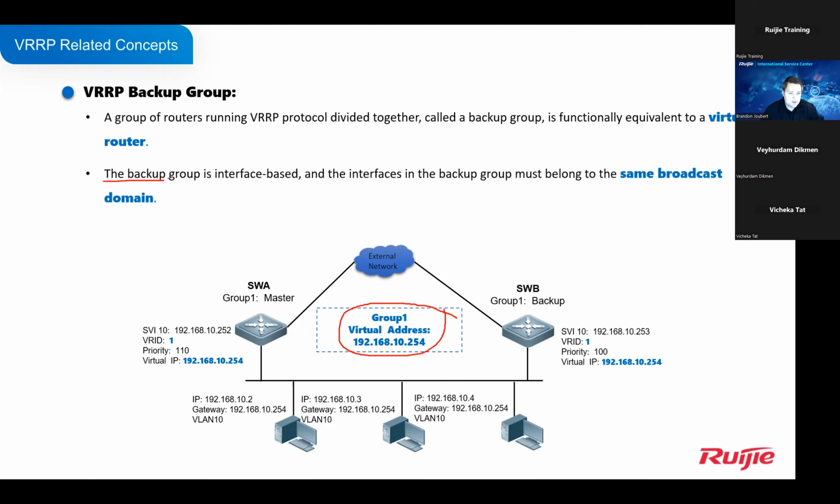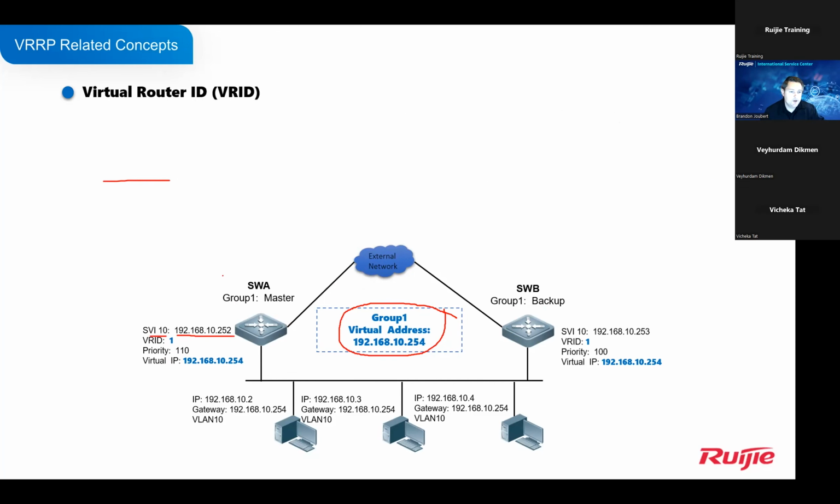This just indicates that you need to ensure that they are linked to the same SVI and that they are on the same network, as I mentioned earlier. All right, the VRID. You have a range for VRID groups of 1 to 255. So you can have 255 VRID groups in total. You can't have as many as you want, which I think I mentioned a bit earlier.